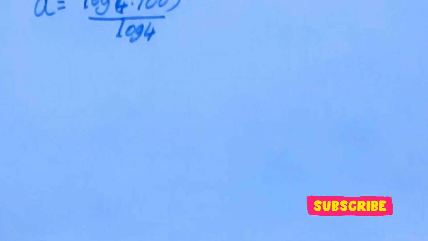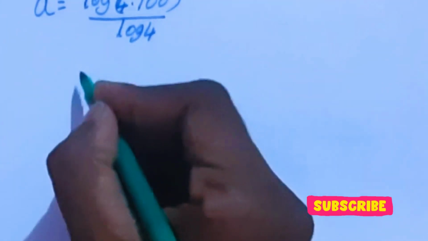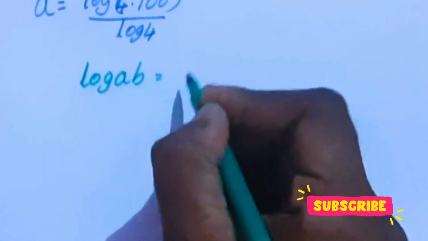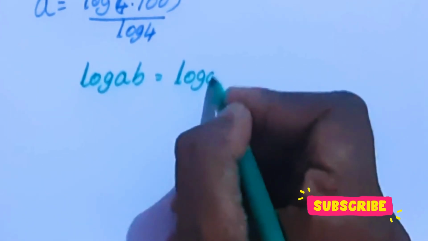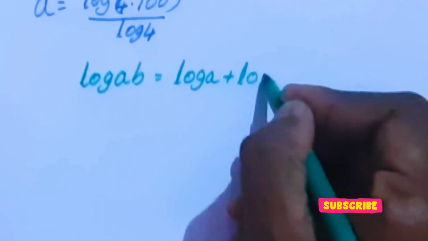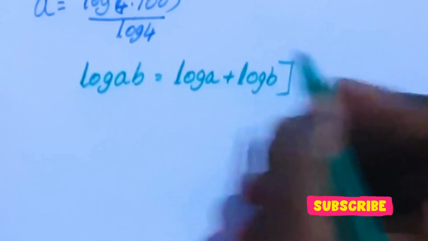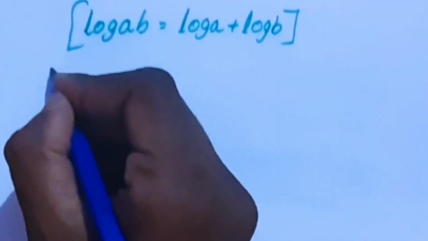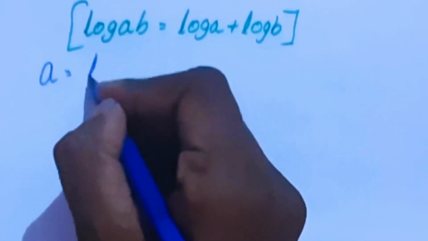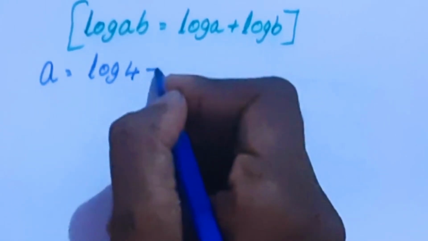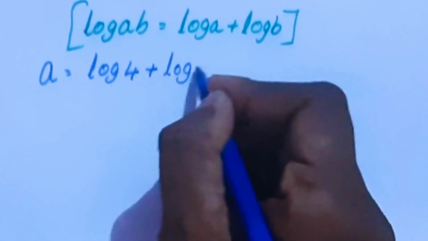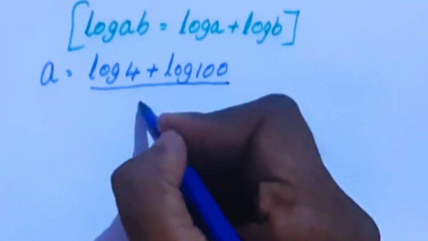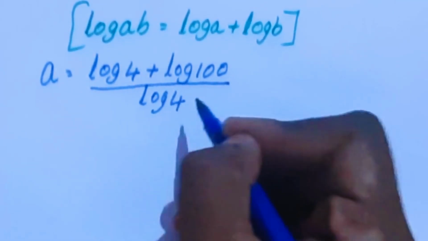Now we are going to implement this log product formula, that is log ab equal to log a plus log b. This formula we are going to implement here. So a equal to log 4 plus log 100 by log 4.